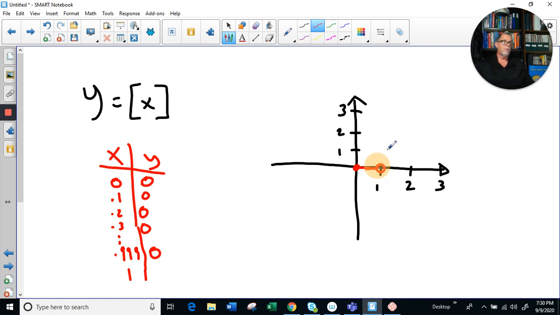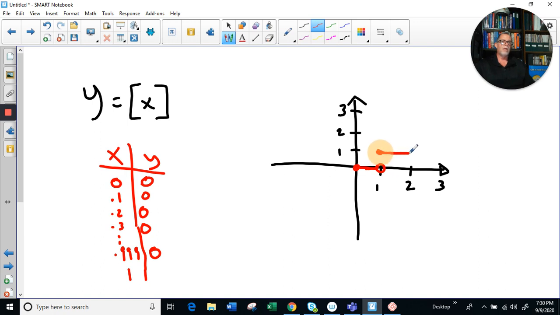All right, now, from 1 what happens? Well, everything, when I go across at 1.1, 1.2, 1.3, if I put all those in, what do they give me? They give me 1. So this is going to continue across at 1 until it hits 2. All the way infinitely close. And then it hits 2. What happens? It jumps to 2.